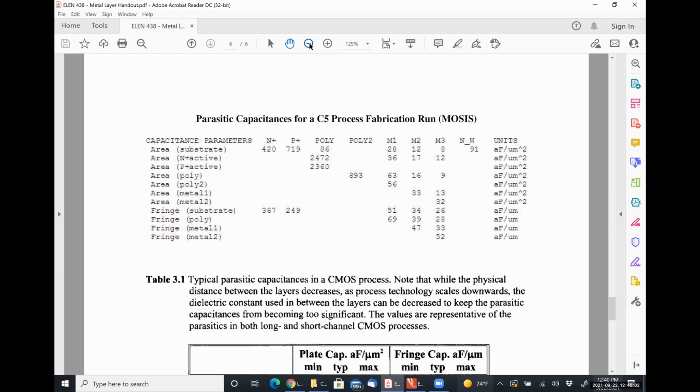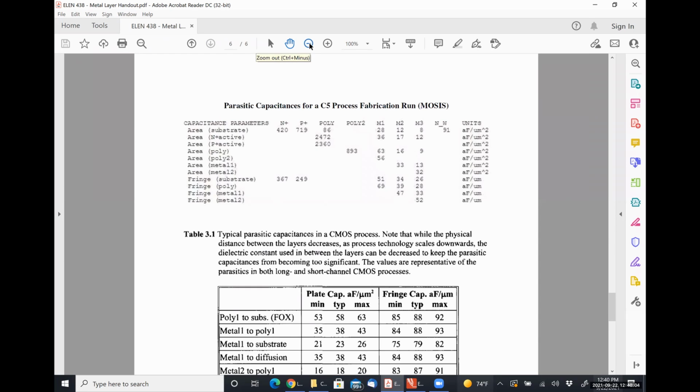Let me make this a little smaller here. Okay. So the top table here is parasitic capacitances for a C5 process fabrication run. So these actually come straight from MOSIS, and you'll notice here, this might seem a little awkward to read.